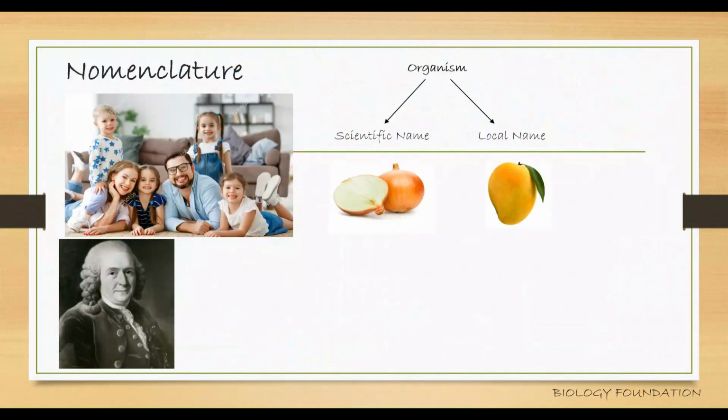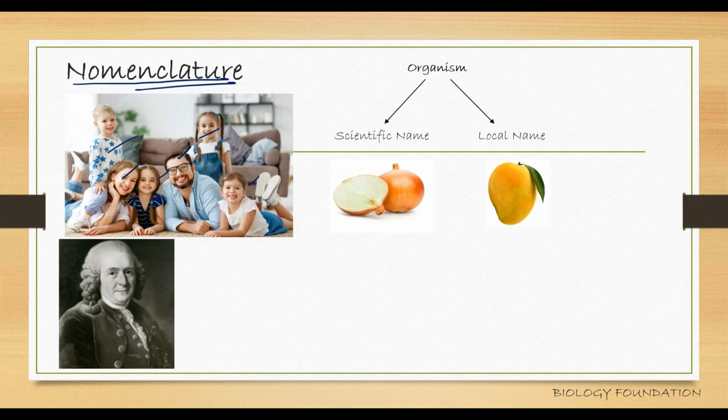Now, let's understand another term which is known as nomenclature. Before understanding what this term actually means, can you see a picture here? You have a father, mother, along with four kids, right?